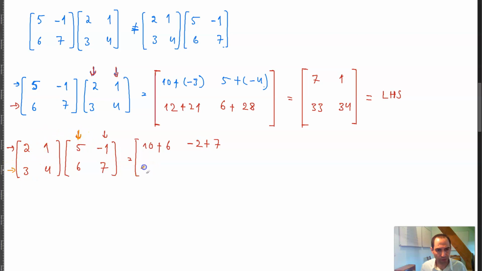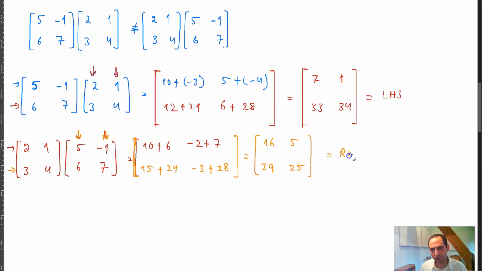I have 3 times 5 is equal to 15, and 4 times 6 is equal to 24. And this column I have negative 3 plus 28, which is equal to 25. 10 plus 6 is 16, 24 plus 15 is equal to 39, and 28 minus 3 is equal to 25.